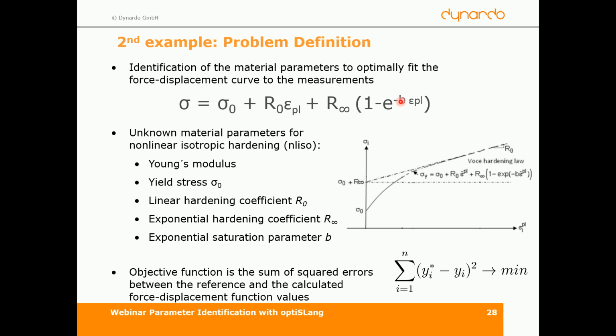These four parameters describe the whole plastic behavior of the material, and we also use the Young's modulus. So with 5 parameters we can define the whole material behavior of this spring steel, and we use the sum of squared errors as the optimization goal, and we want to minimize this.